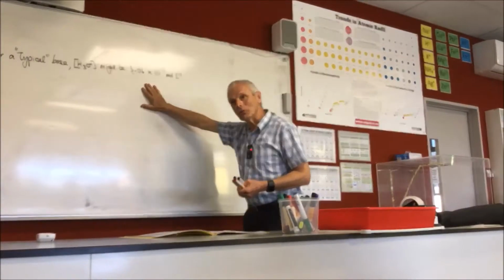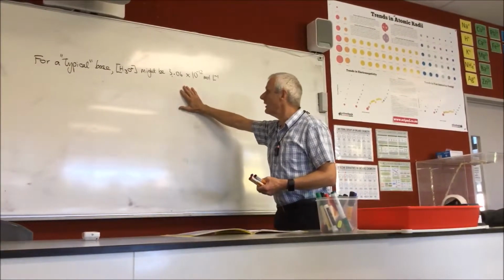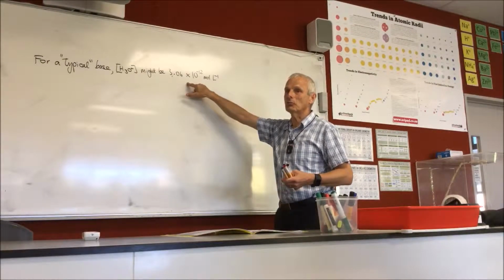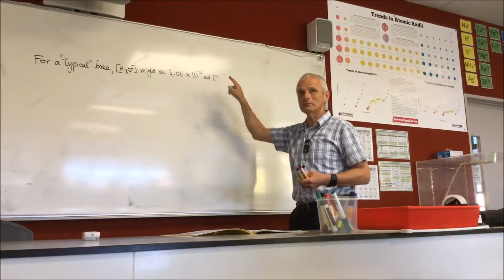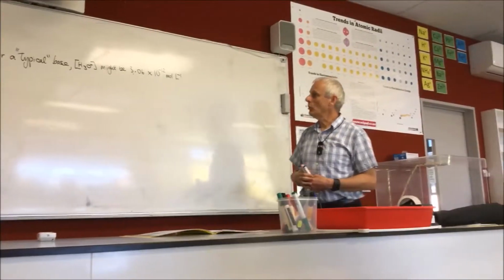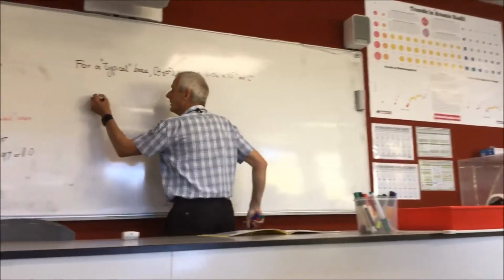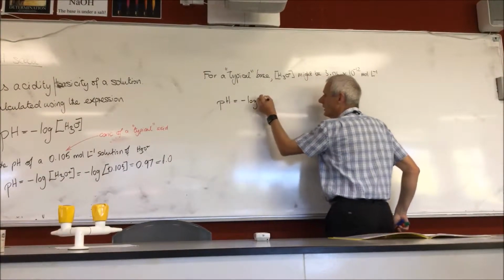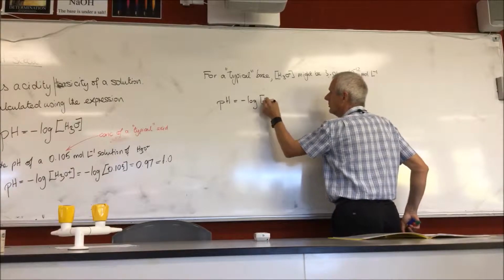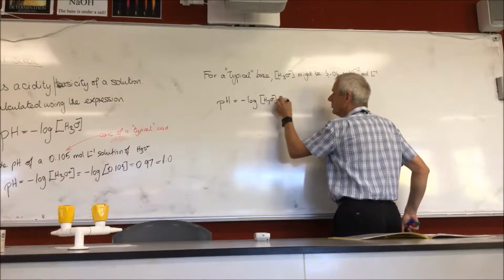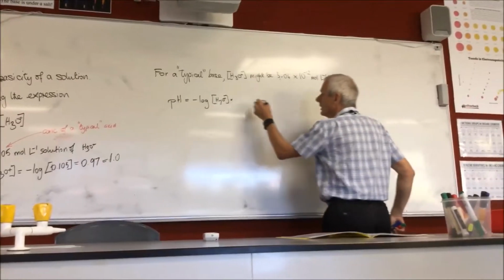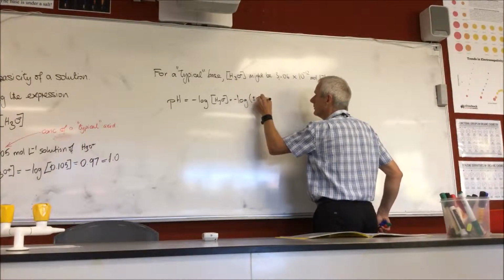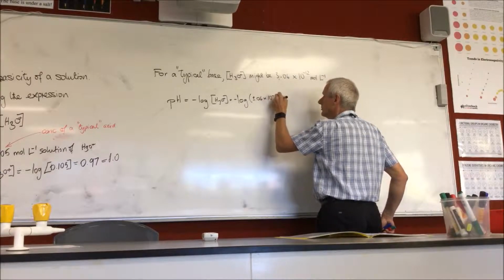So for the benefit of those that may not have used their calculator to do things like that, 3.06 EXP is the best button to press, minus 12. Yeah? So you want to do minus the log, so pH is equal to minus the log of H3O+, which is equal to minus the log of 3.06 times 10 to the minus 12.